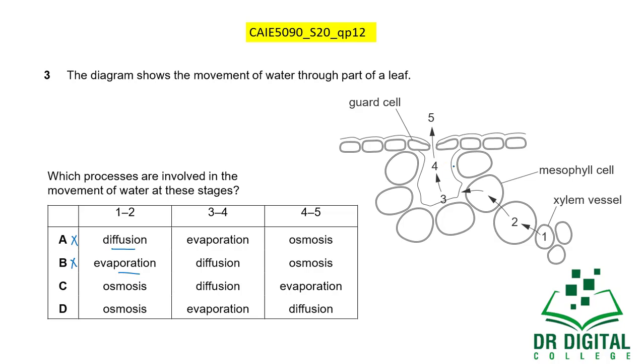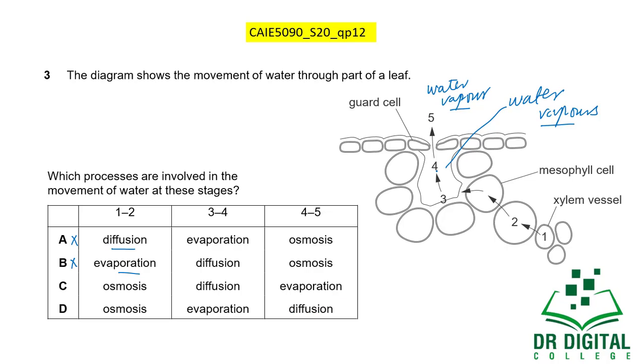Okay, and now here in the air space, these are water vapors. Here water vapors are there, and outside it there are water vapors. So water vapors are moving from the air space to the outer atmosphere, from higher concentration to lower concentration. So this is simple diffusion.